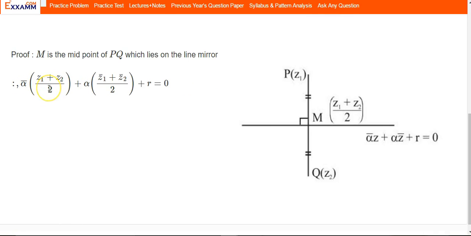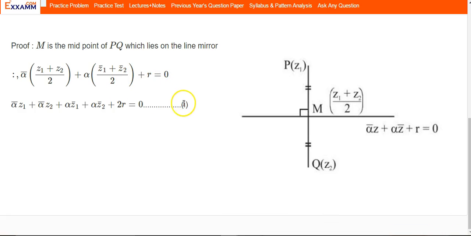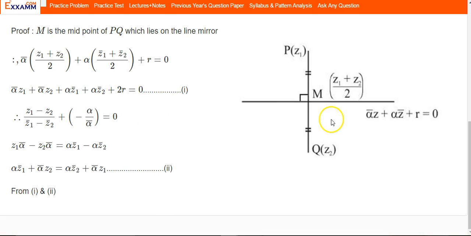Alpha bar, instead of z we put (z1 plus z2) by 2, plus alpha, (z1 bar plus z2 bar) divided by 2, plus r is equal to 0, and on solving, this is the equation we get: alpha bar z1 plus alpha bar z2 plus alpha z1 bar plus alpha z2 bar plus 2r is equal to 0.